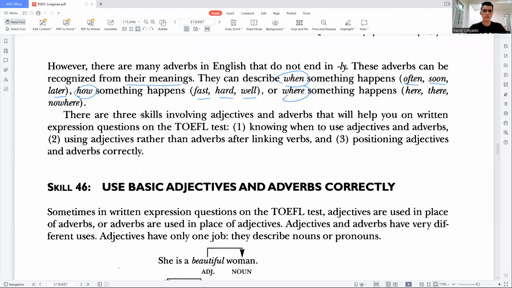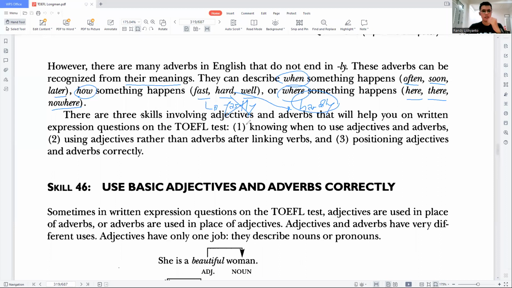Or where something happened: here, there, and nowhere. Remember, there is no fastly in English. And while there is hardly in English, it has a different meaning from hard.